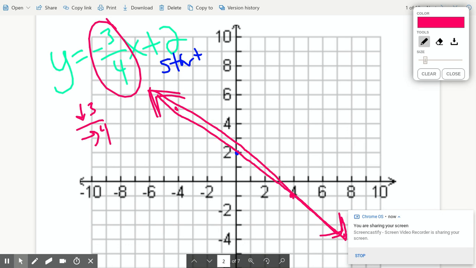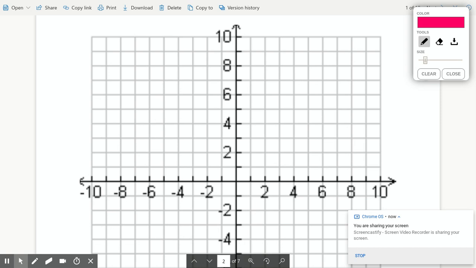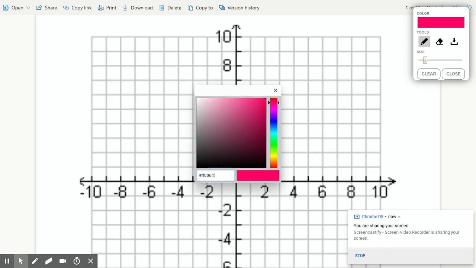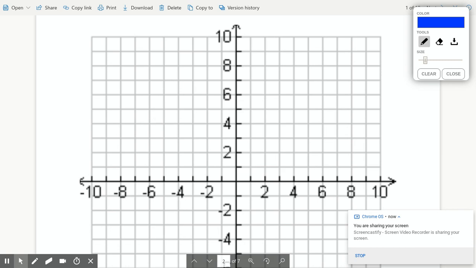Now, reading a graph, say we're going to give you a graph and you have to determine the equation. So let's look at this one right here.